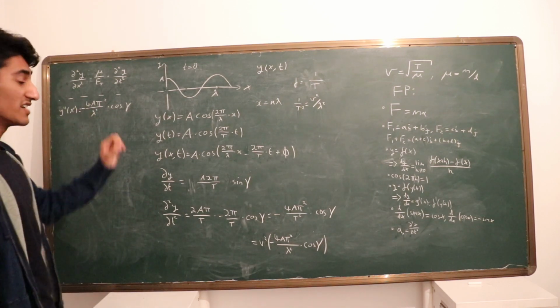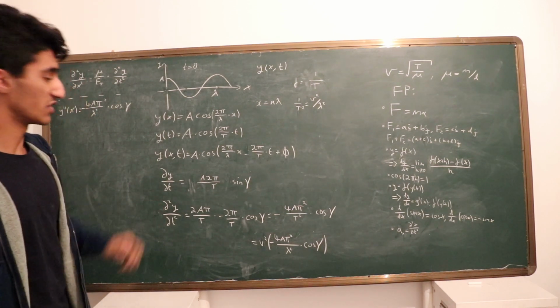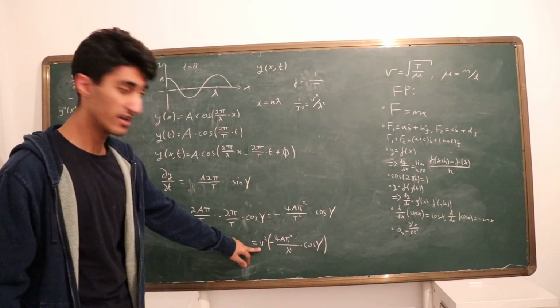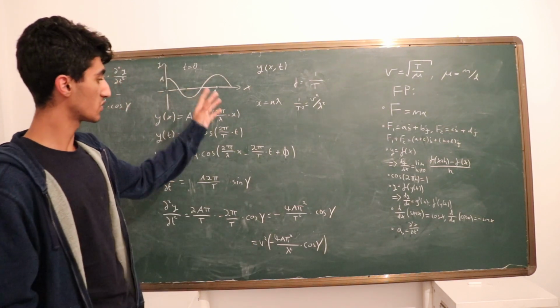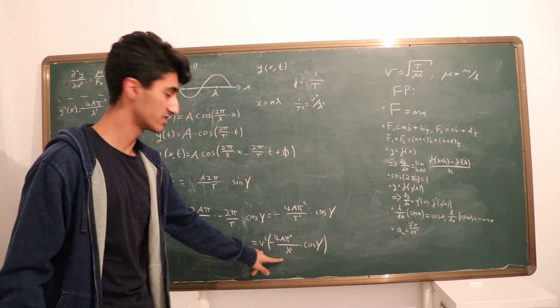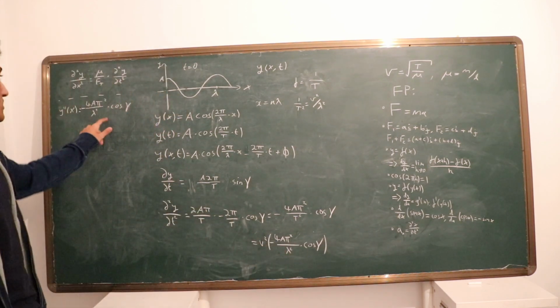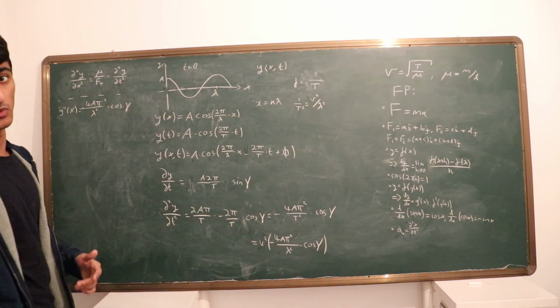Perfect. So as you can see, the acceleration in the y direction is just v squared, the velocity of the wave squared, times this, and this is just nothing but the second derivative of y with respect to x.